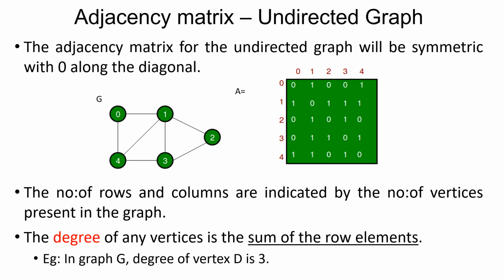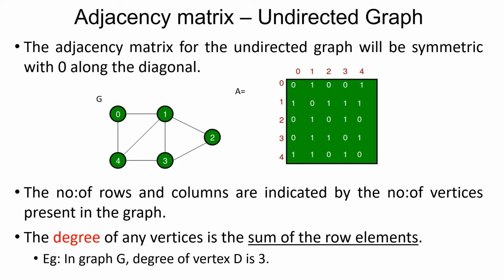Adjacency matrix of an undirected graph. The adjacency matrix for an undirected graph G with n = 5 vertices is a 5 by 5 matrix A with ones and zeros, such that the matrix elements A41 and A14 will be equal to 1, as there is a direct edge connecting vertex 4 to vertex 1.